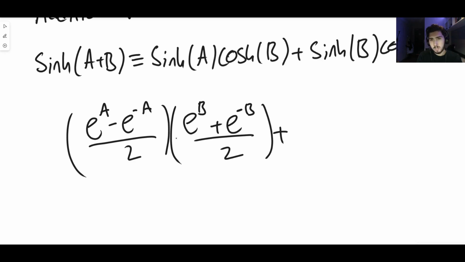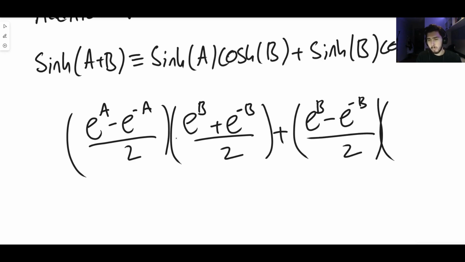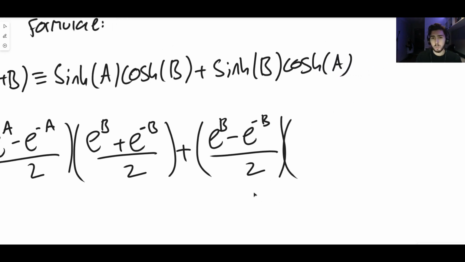And then we're going to add sine b, which is (e to the b minus e to the minus b) over 2, and that is being multiplied by cos a, and cos a is equal to (e to the a plus e to the minus a) divided by 2, just like that.